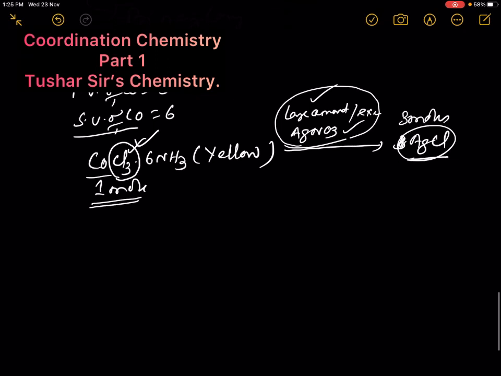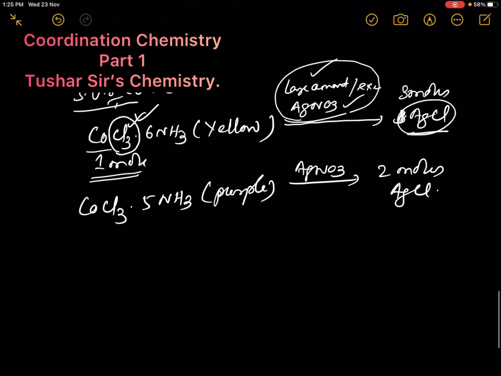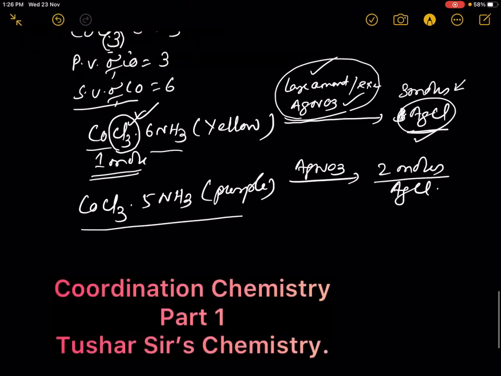If we take 1 mole of CoCl3·5NH3, it is purple in color, with excess silver nitrate it produces 2 moles of AgCl. It is interesting. Why does this compound give 3 moles and why does this one give 2 moles?